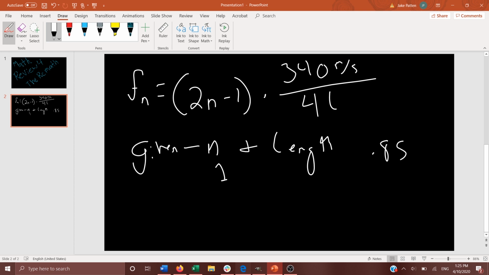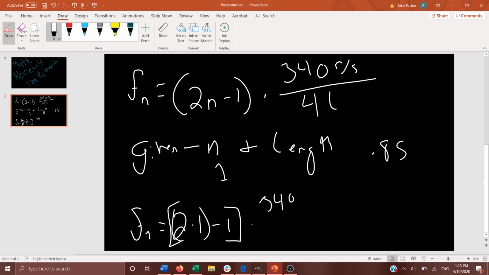We want to know the first resonant frequency, the length is 0.85, so F sub 1 is going to equal 2 times 1 minus 1 multiplied by 340 over 4 times 0.85.